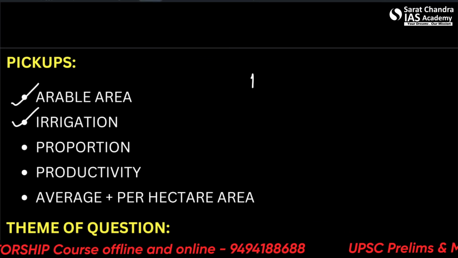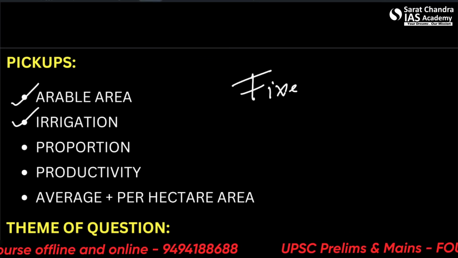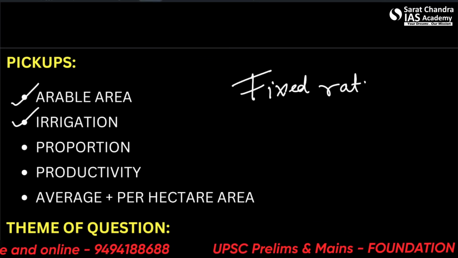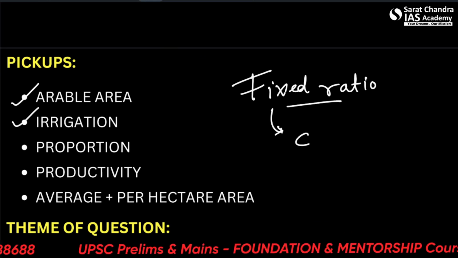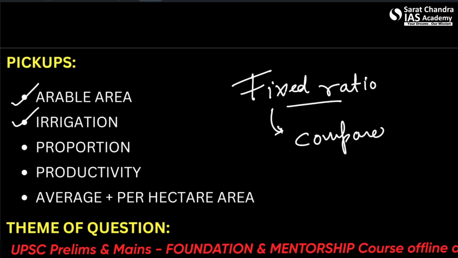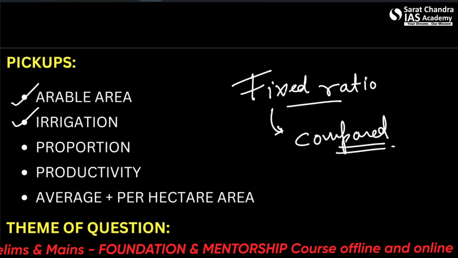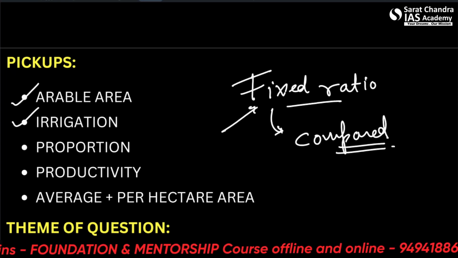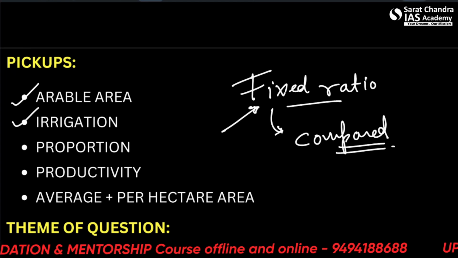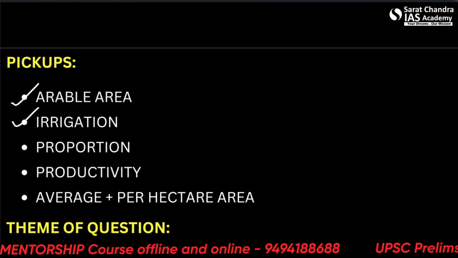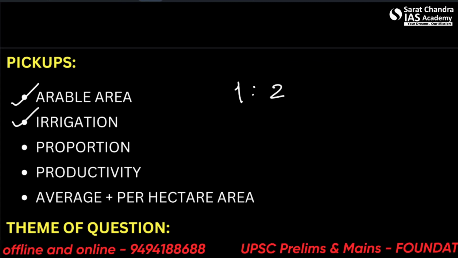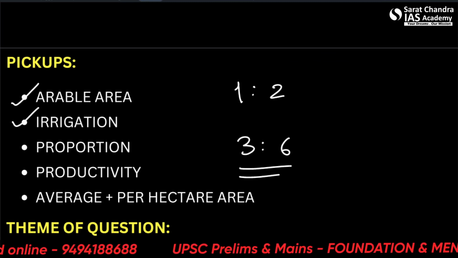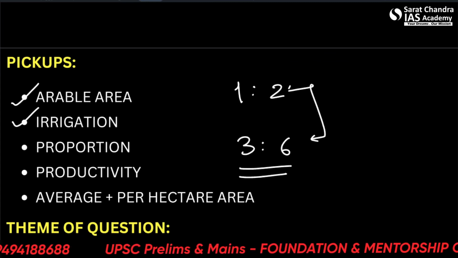It's basically a fixed ratio when two things are compared, or a ratio that is fixed to its compared self. That means 1:2 is equal to 3:6. So these ratios are proportionate but not the same.